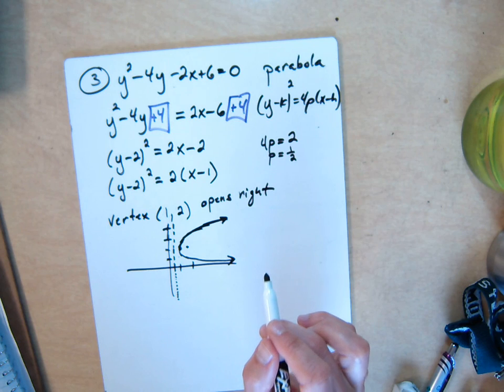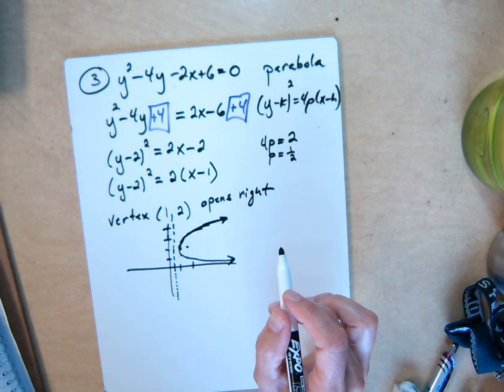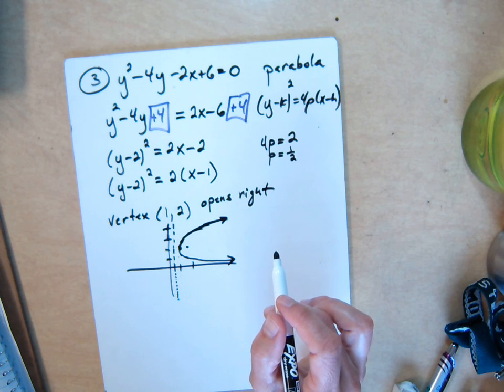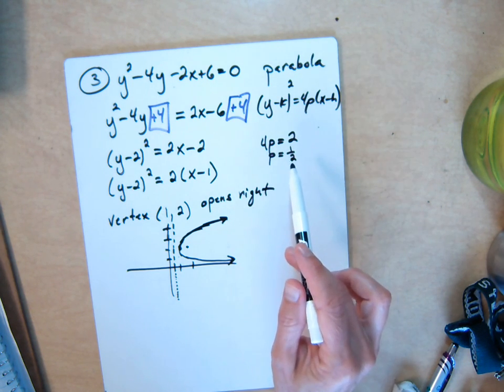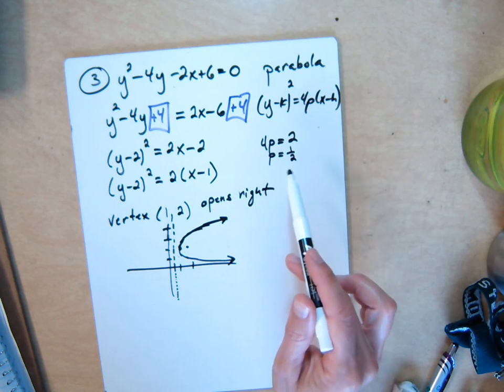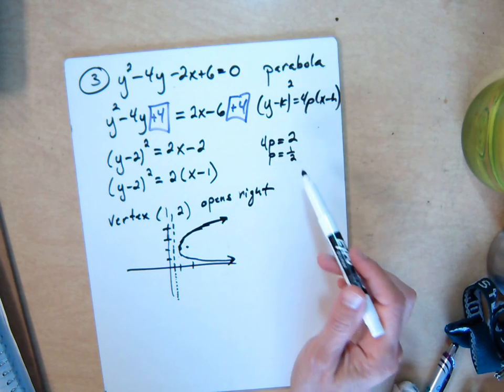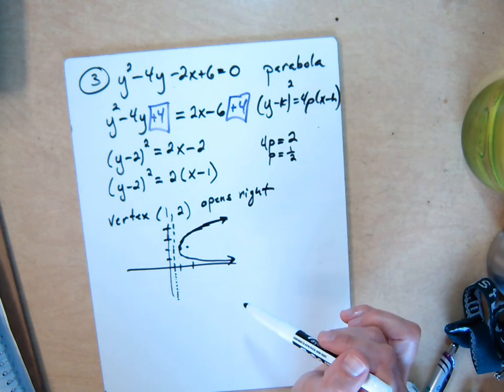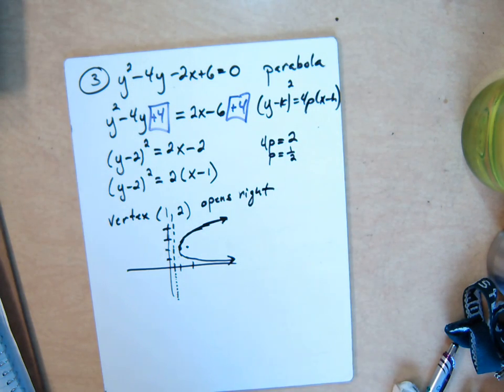Just approximate is fine. Okay, then the larger p is, the wider it is, and the smaller p is, the narrower it is. So p is a half, so it's kind of narrow. Okay.